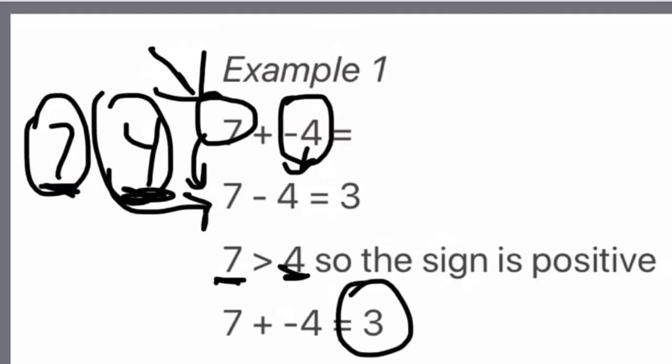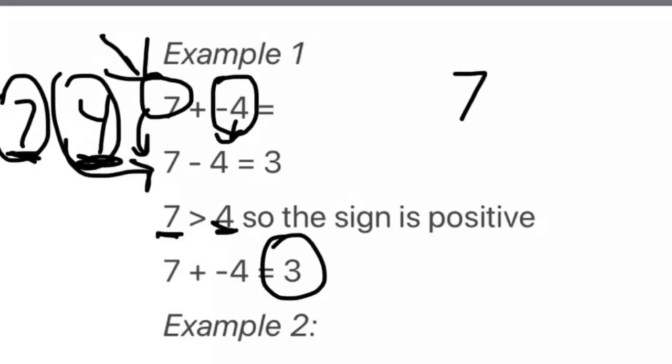I like to think about money. So let's look at this same example using money and see how it also helps us to do the addition in our head. Think about having $7 and you owe somebody negative 4. Do you have enough money to pay them off? Yes, because you have more than you owe.